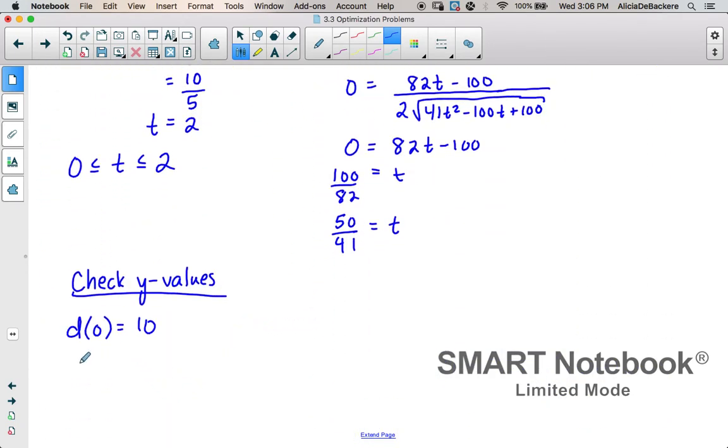And then the next one I'm going to check is the other endpoint. So I am plugging this into the equation. And I'm just using the part where I did square the 4 here. Plugging in my t squared.